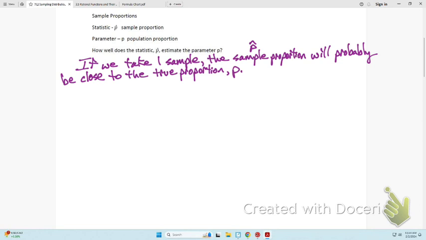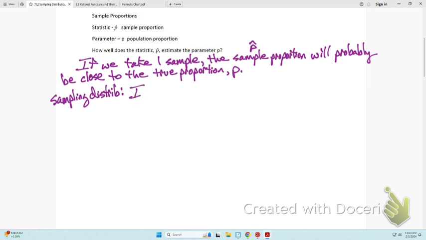A sampling distribution, the best way I can think to describe it is we do what I just described many, many times.